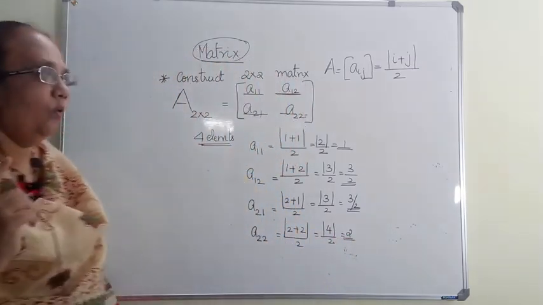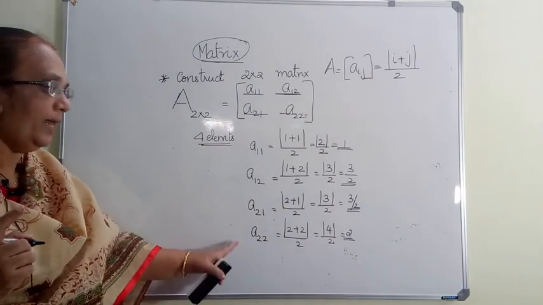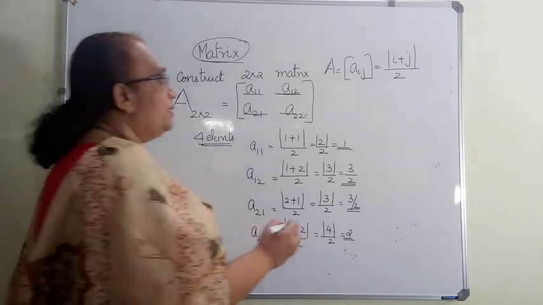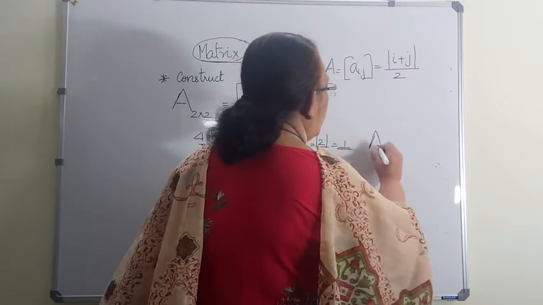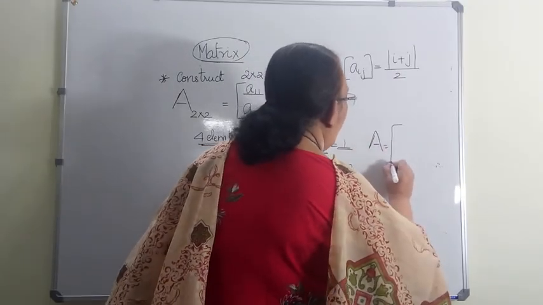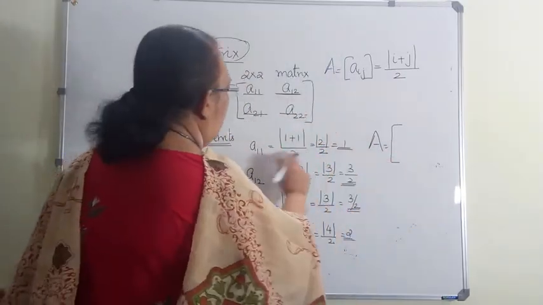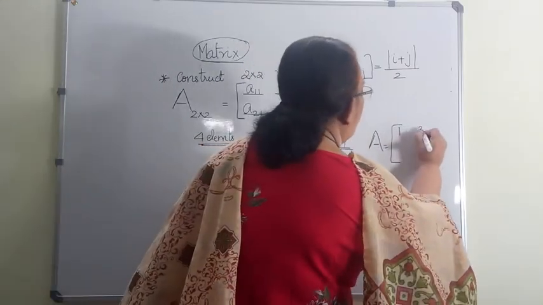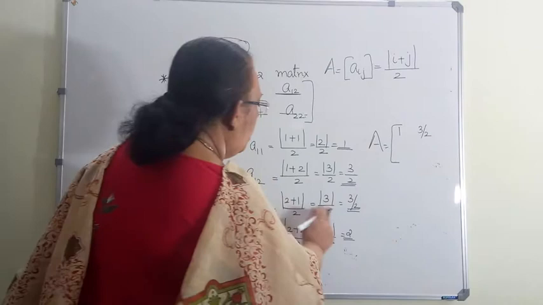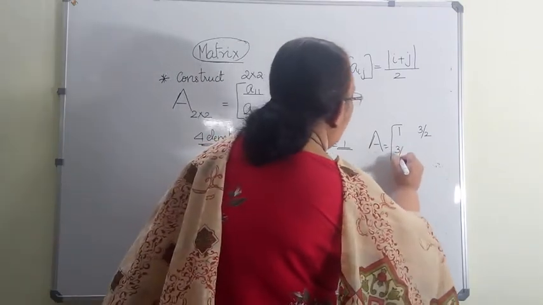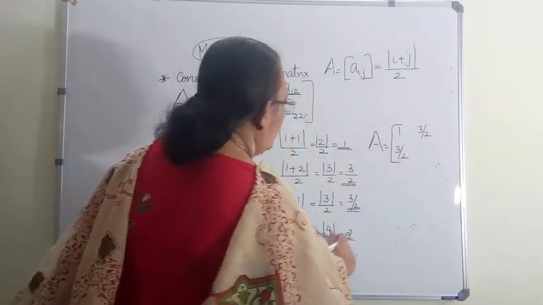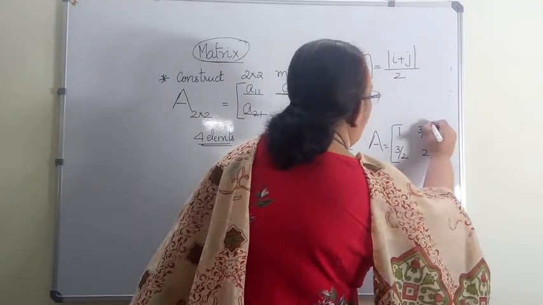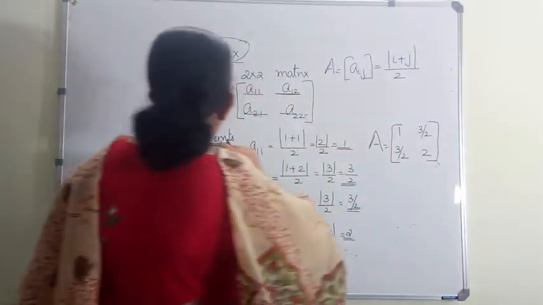Now it's not over. You just found the elements. So what is matrix A? Matrix A has A11 equal to 1, A12 equal to 3 by 2, A21 equal to 3 by 2, and A22 equal to 2. So how many elements are there?